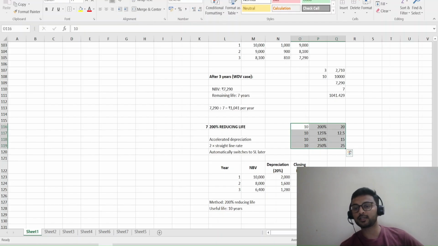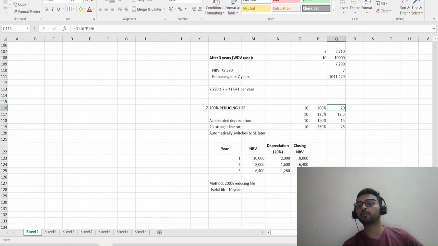In our example, to keep it very simple, I have taken 200% reducing life. So if my fixed asset rate is 10%, it will calculate on the basis of 20%. For my first year, my depreciation is 2,000, which is 20% of 10,000. After that, my closing NBV is 8,000.